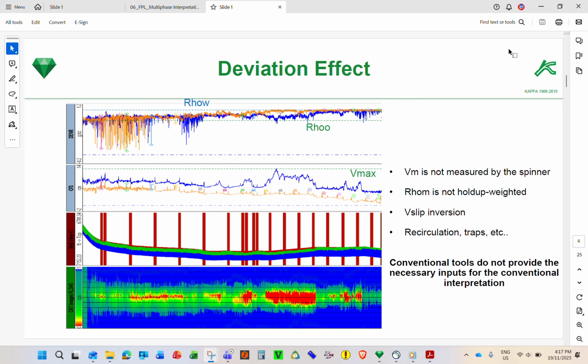So you have a down pass and an up pass. Which one is the down pass, blue or brown? Down pass. It's one pass down, one pass up. Both are positive, but one is more positive.